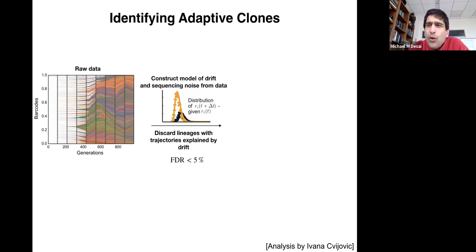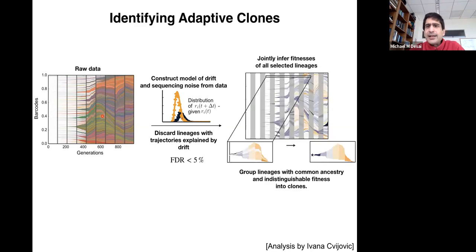So we can use the overall lineage dynamics to construct a null distribution of the properties of genetic drift in this particular system, just empirically from the data. We can then discard all of the dynamics that are just reflective of that genetic drift and look for lineages that expand or contract in ways that cannot be explained by that null model of genetic drift.